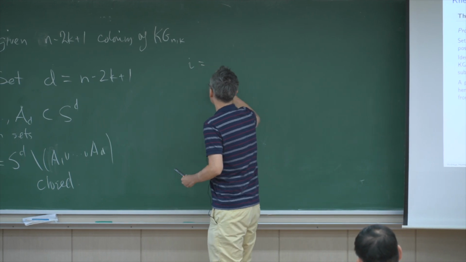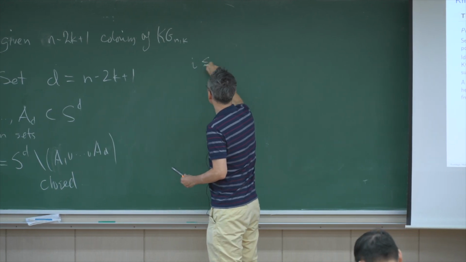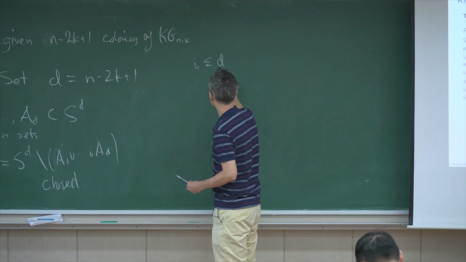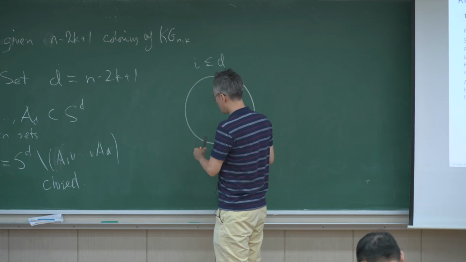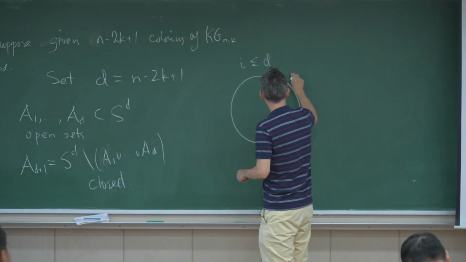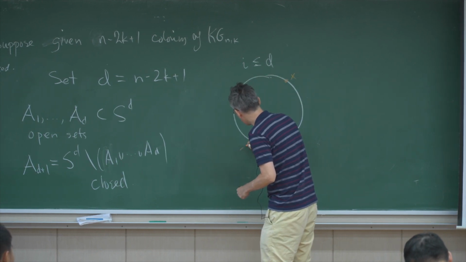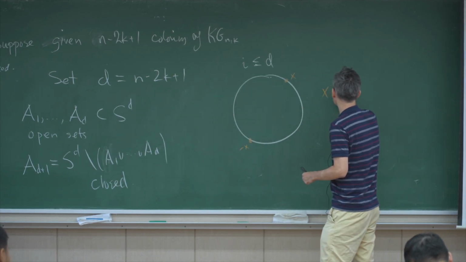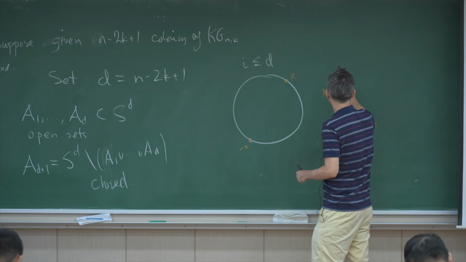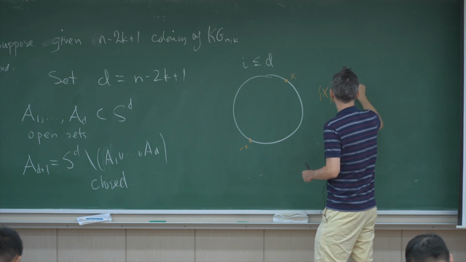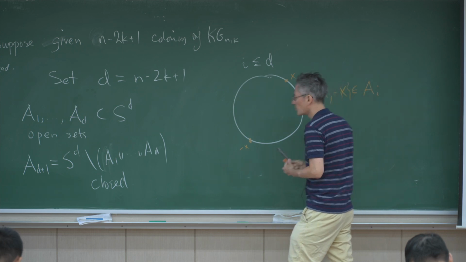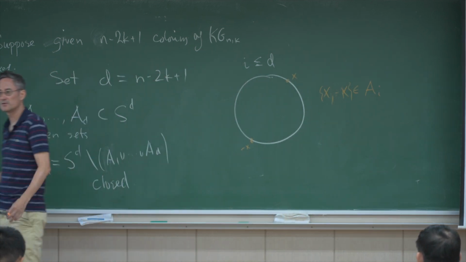Okay, so what if i is less than or equal to d? Suppose here's x, here's minus x, and suppose x and minus x are in A_i. Suppose that was the case. Is this possible?